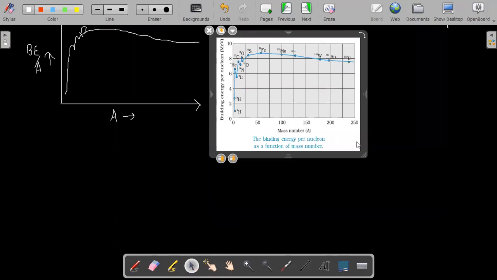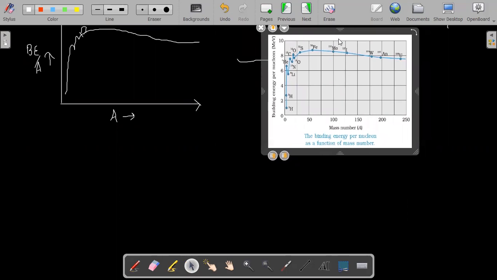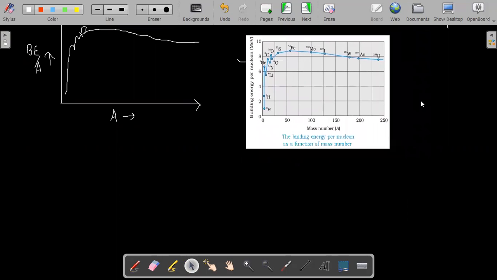So if it is more stable, that means the nucleons, the neutrons and the protons, are tightly bound. Just now we discussed that electrons are also tightly bound in the case of inert gases. So these two ideas are more or less complementary.